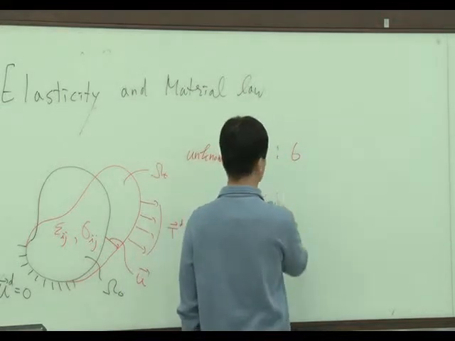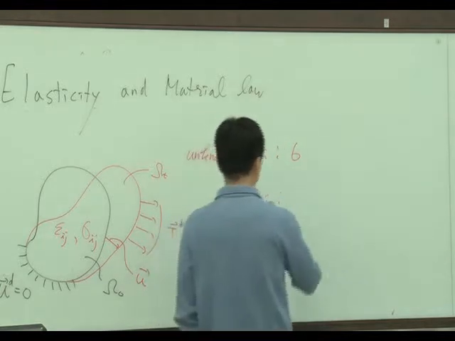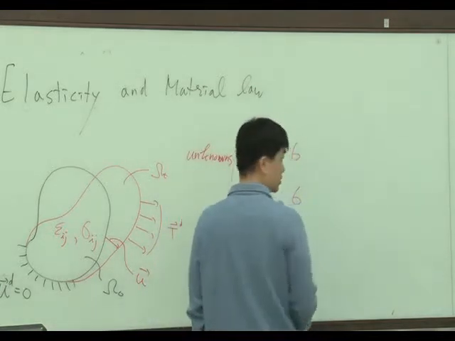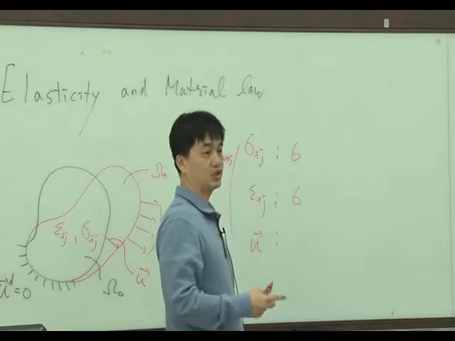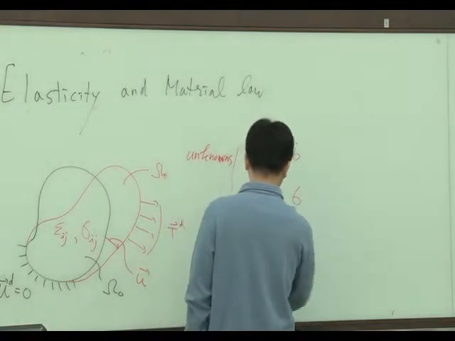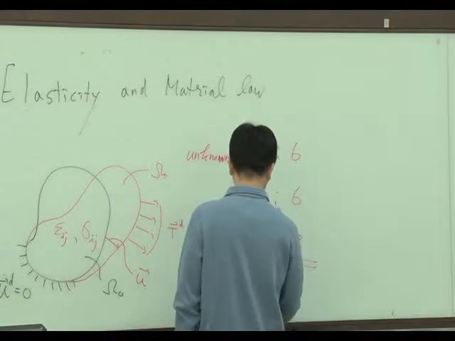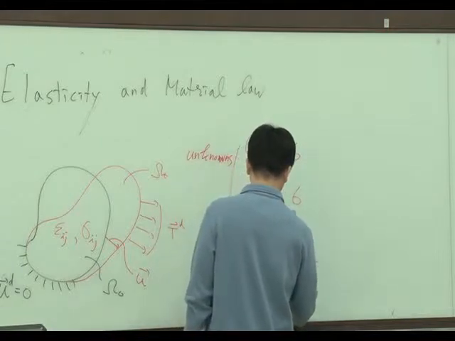Strain is symmetric too, so 6. So we have 6 unknowns. Displacement: x, y, z, 3. Right? So in total, 15 unknowns.